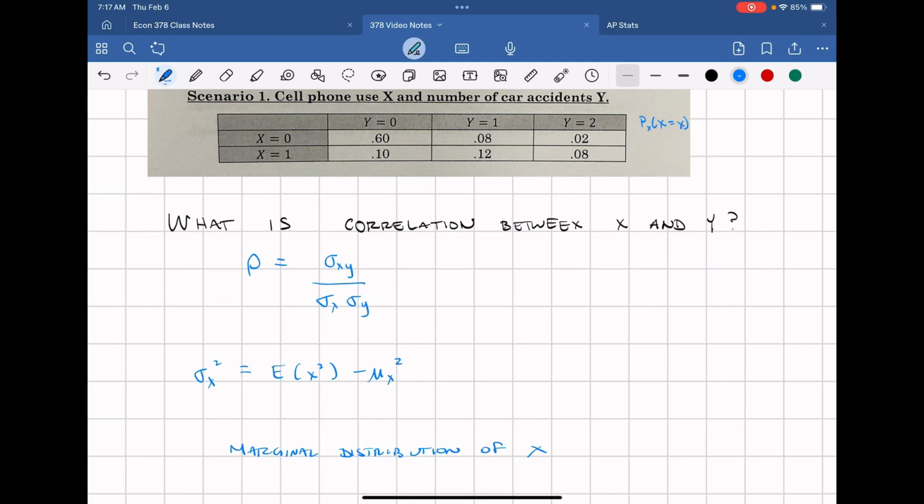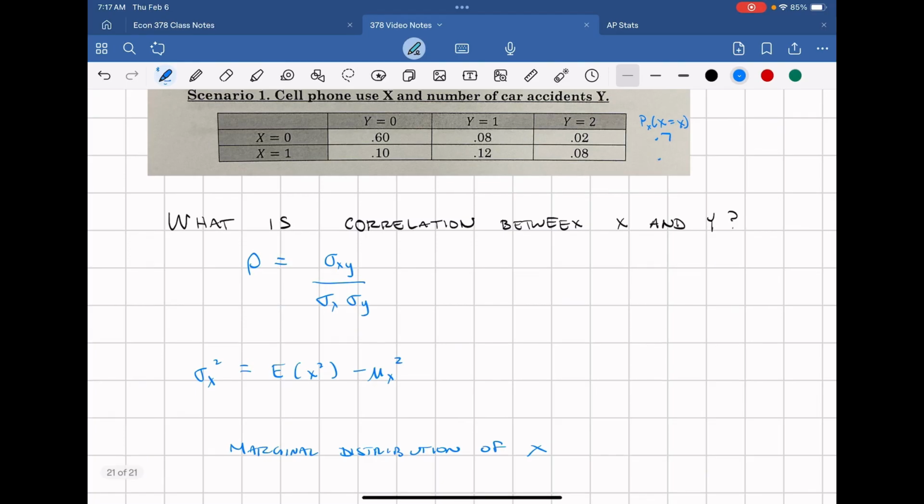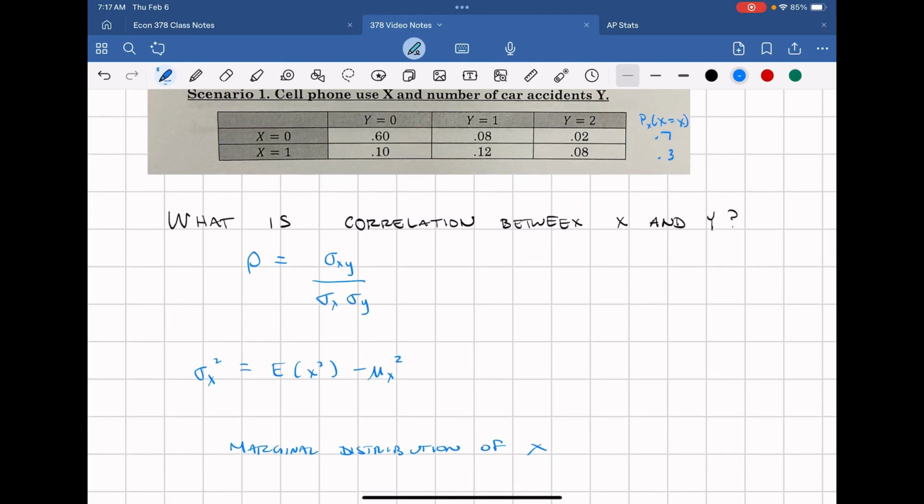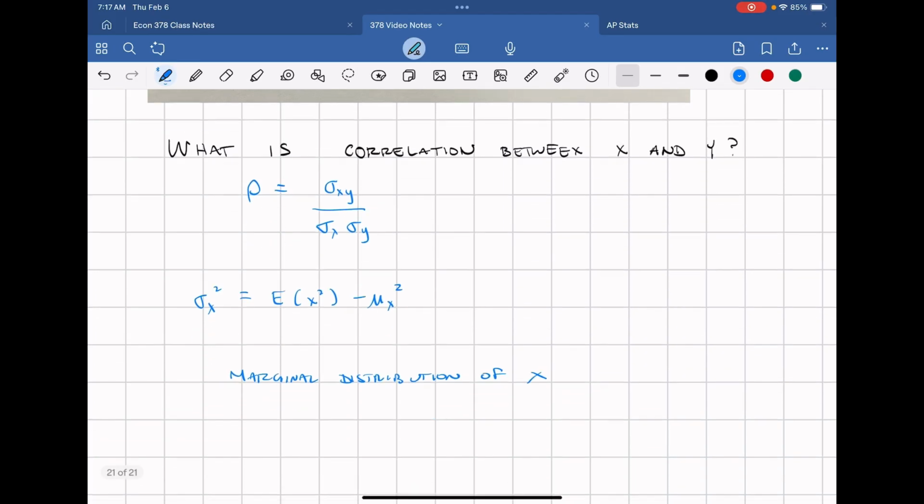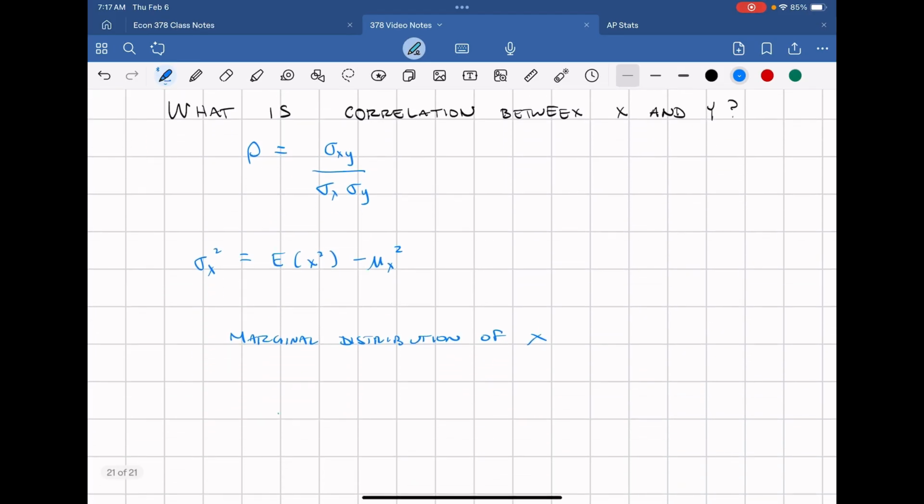So 0.6 plus 0.08 plus 0.02 is 0.7. 0.10 plus 0.12 plus 0.08 is 0.3. And so we can rewrite the marginal distribution of x as: there's a 70% probability that x is 0, and a 30% probability that x equals 1.